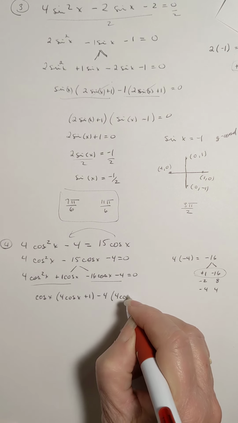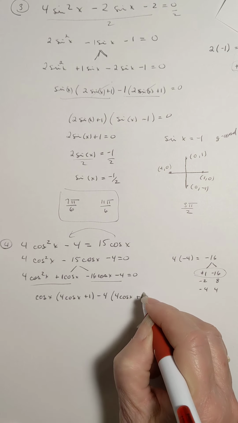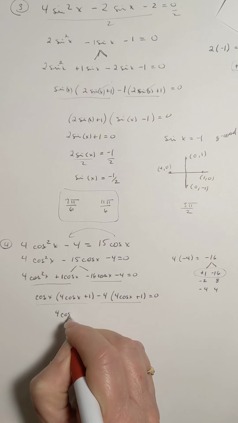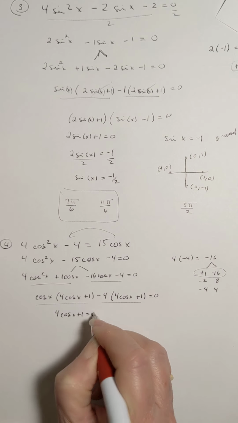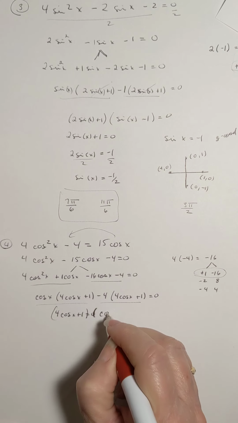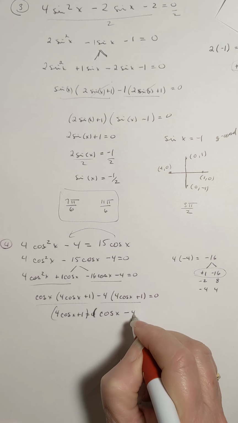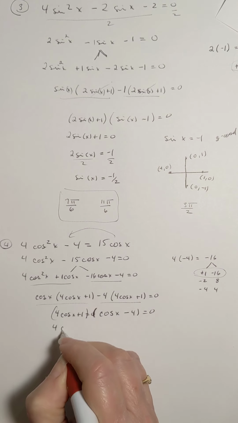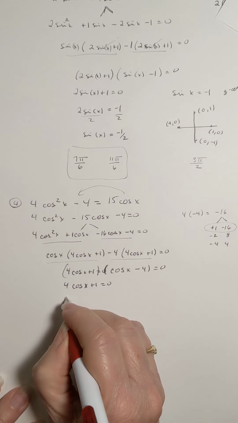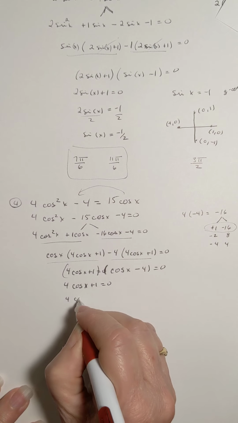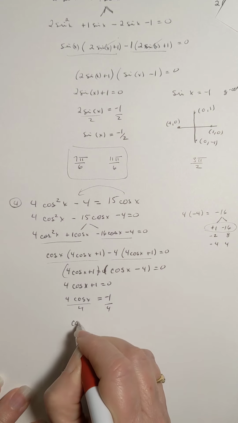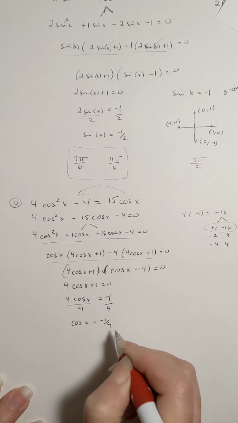And you get 4 cosine of x plus 1 times cosine of x minus 4 equals 0. So 4 cosine of x plus 1 equals 0 gives me 4 cosine of x equals negative 1, and divide by 4. Cosine of x equals negative 1/4.